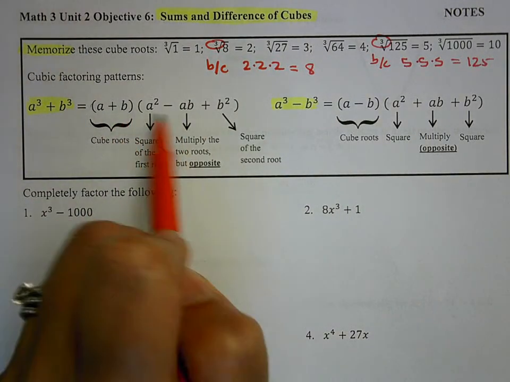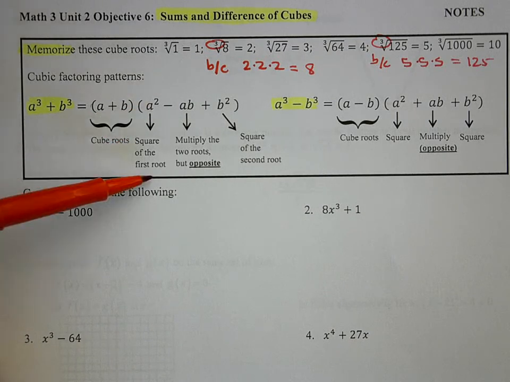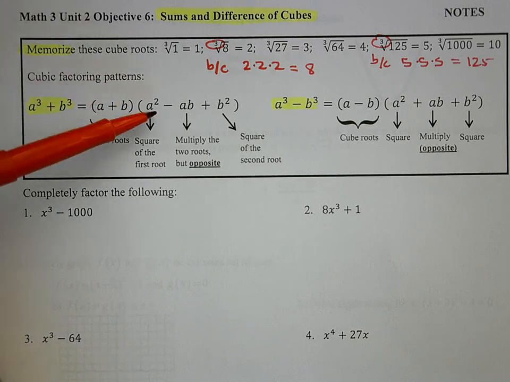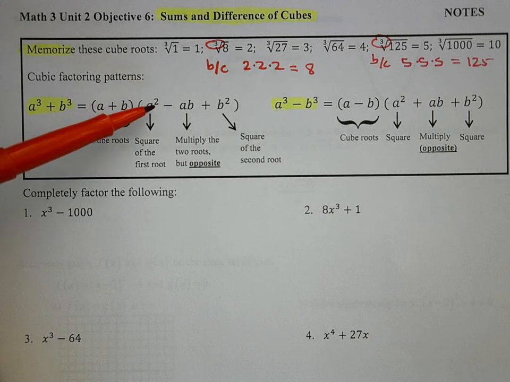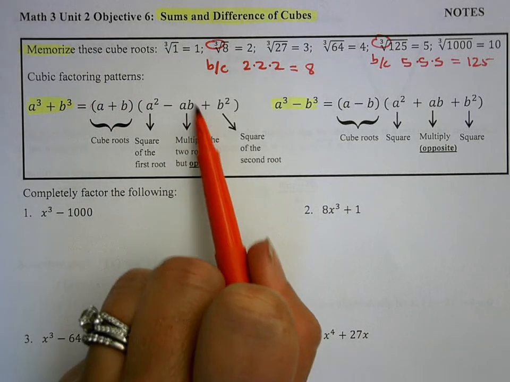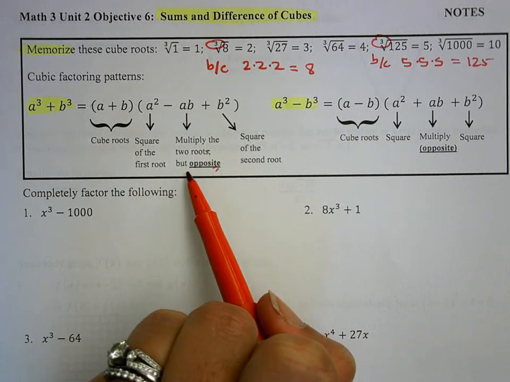So for the trinomial, we take the square of the first root. If that was a 5, that would be a 25. If that was an x, that would be an x squared. If that was a 3, that would be a 9. And then for the middle term, we multiply our two roots together, but we have to make it opposite.